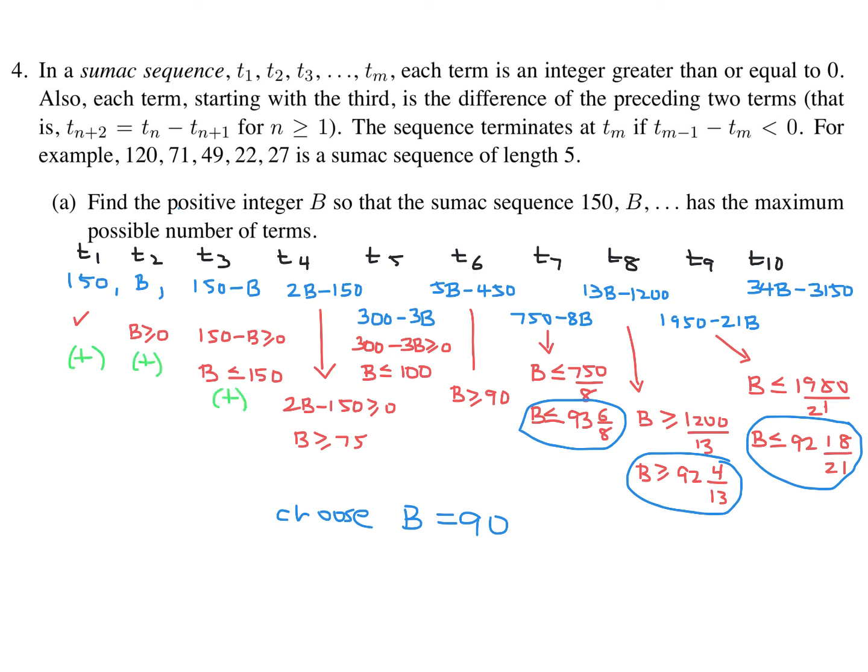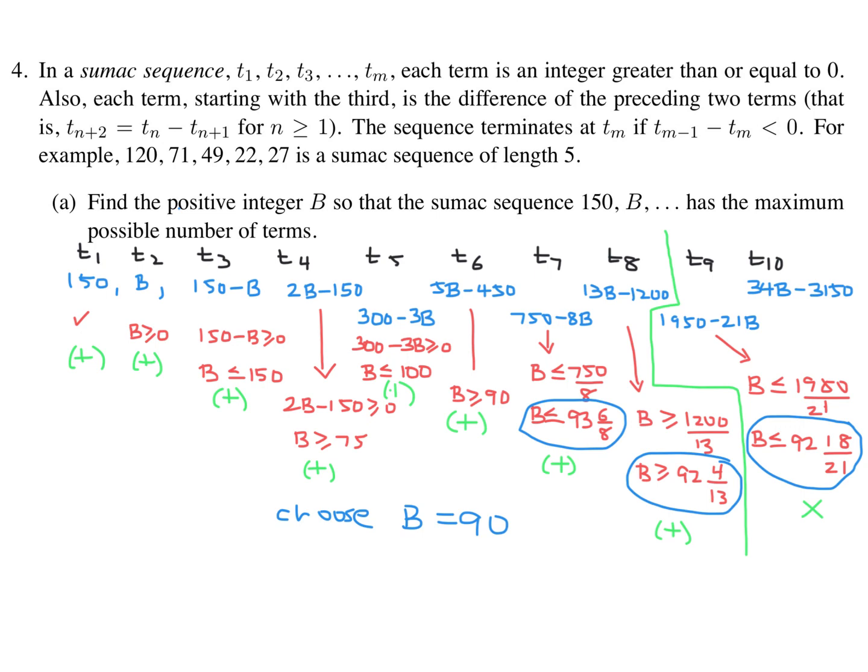Does 93 fit into these inequalities? Yes, yes, yes, yes, because 93 is greater than 90. Is it less than 93 and 6/8? Yes, it is. Is it greater than 92? Yes. And is it less than 92 and 18/21? No. So it looks like I'm okay until T8. And once you get to T9, it becomes negative, and therefore the Sumac sequence ends.